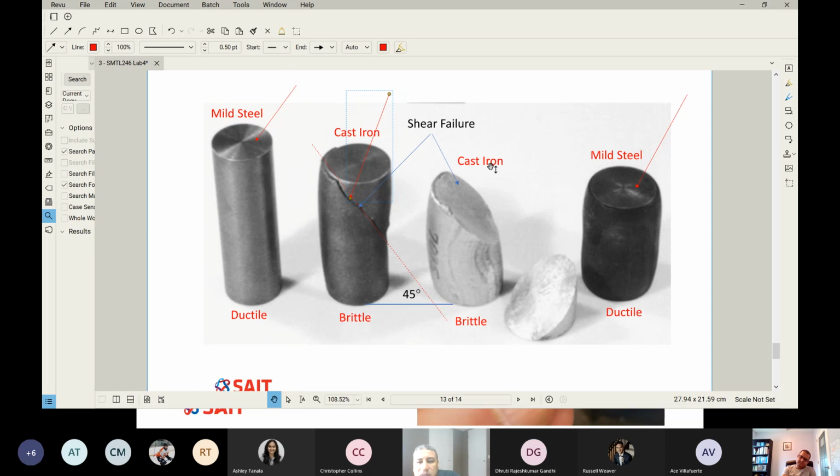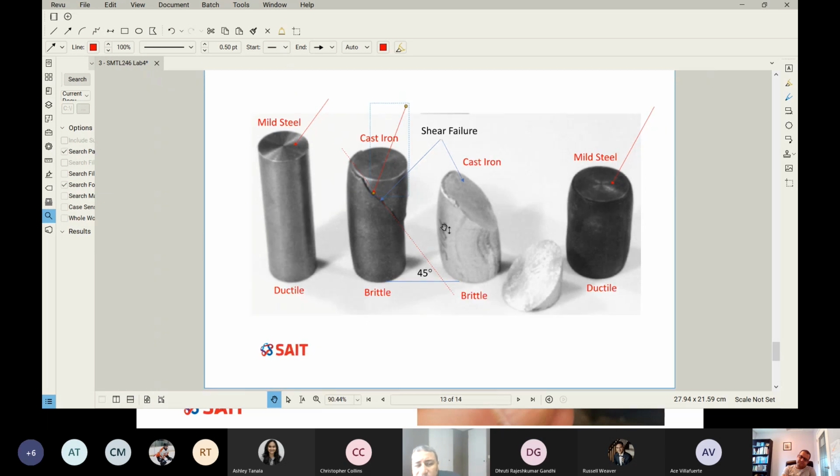What I want you to understand from this slide is that cast iron is a brittle material, so it fractures at a 45 degree surface, while mild steel is ductile and can take lots of deformation. If you come to school on Wednesday, I will show you some samples I took to the maximum. I compressed them so much without any fracture.